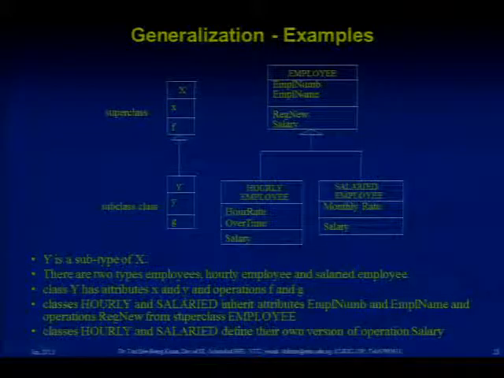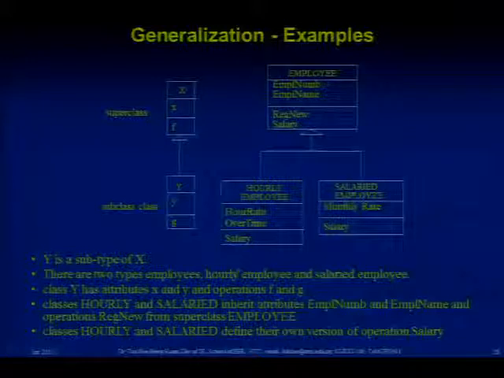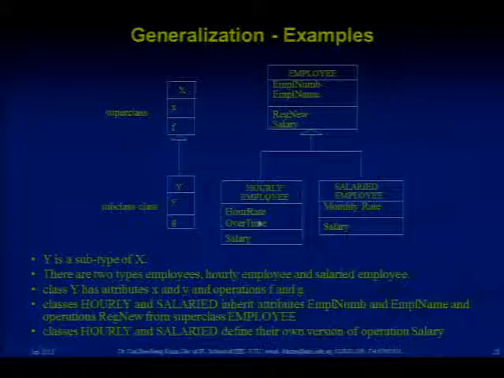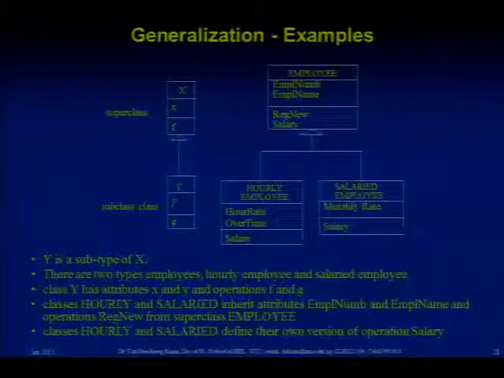And follow the rule, follow the property we have just discussed. You can see that for hourly employee, how many attributes do we have? When we draw a rectangle, it is divided into three regions. The first region always shows the name of a class, the second region always shows the attributes, and the third region always shows operations. Bear this in mind. From this generalization, how many attributes does hourly employee have?